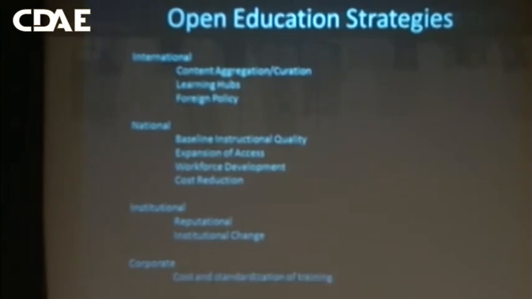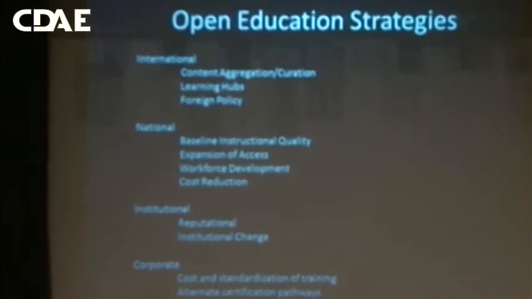But also there's corporate strategies. And so they're looking at standardization of training, reduction of costs themselves. There's alternate certification available. The Vice Chancellor mentioned badges. Mozilla, for example, sends all of its employees through peer-to-peer university, an open education institution, for their education.